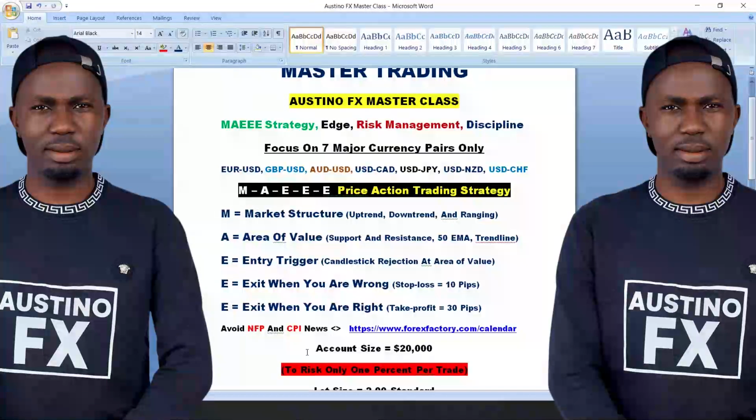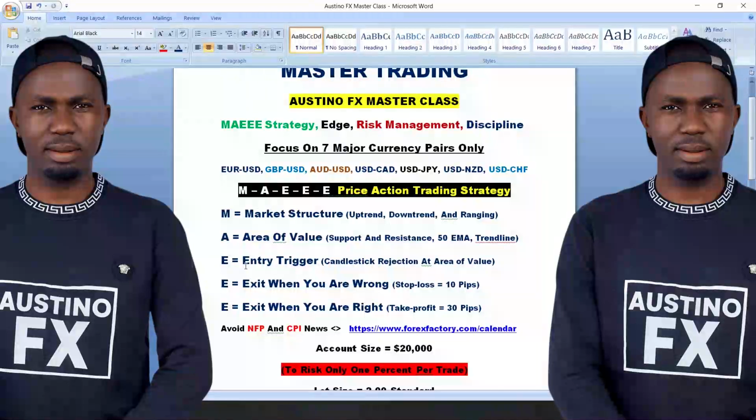And what is that confirmation? Candlestick rejection. Once a price comes to an area of value and gets rejected, I'll wait for the price to close with a wick. Once the price closes with a wick at an area of value, that is when I am expected to take my trade.